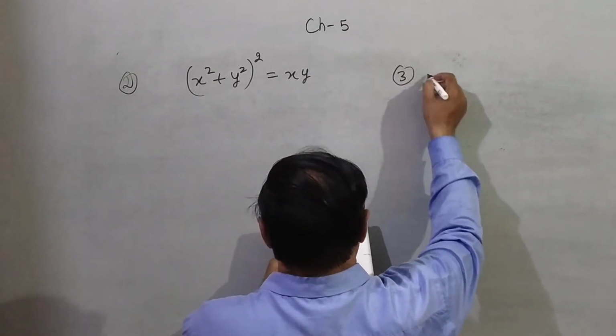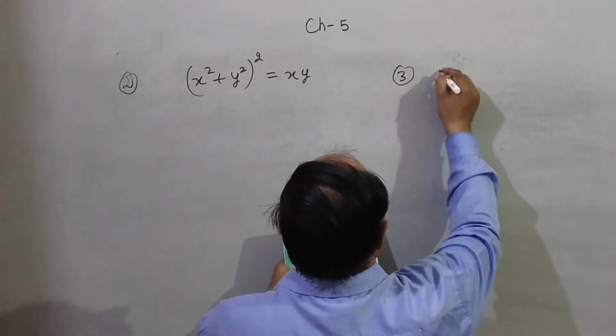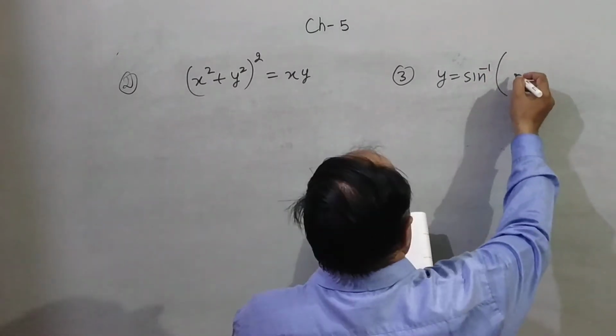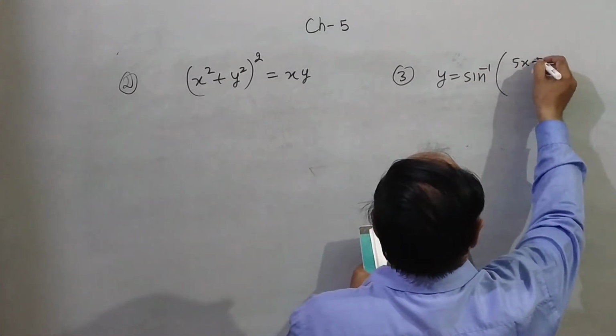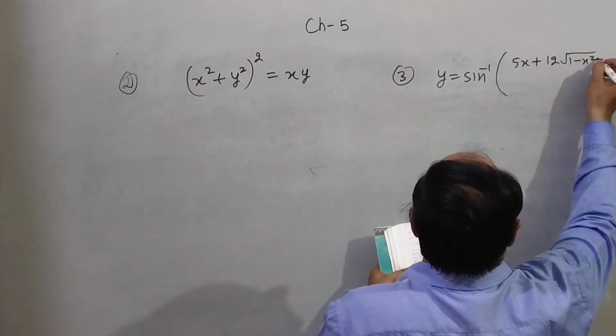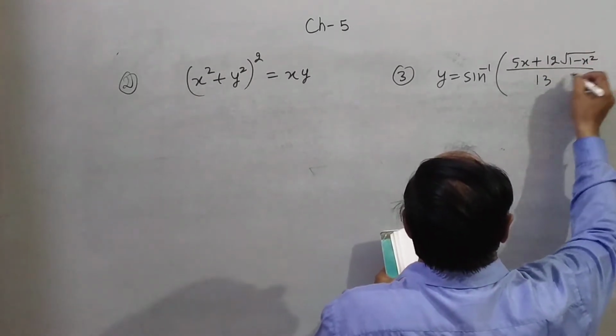And third question is y is equal to sine inverse of 5x plus 12 root 1 minus x square upon 13.